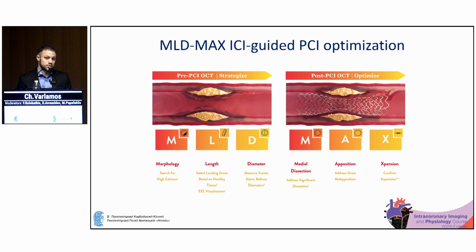Even inexperienced operators can follow them with basic steps and do better for the patient. This is an algorithm, MLD Max. MLD refers to the pre-assessment, so M for plaque morphology, L for lesion length, and D for diameter measurements. And Max refers to the post-assessment of our PCI, with M for medial dissection, A for apposition, and X for expansion.